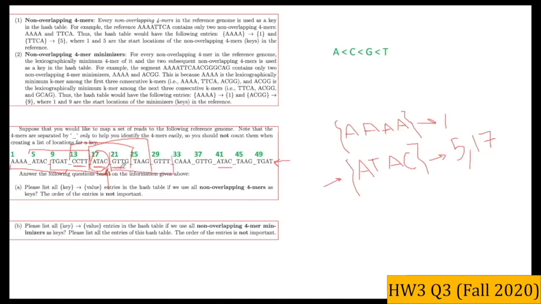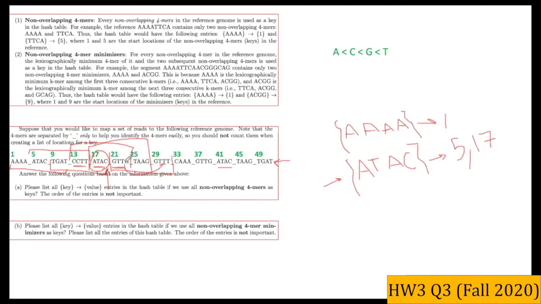Now we have the first k-mer starting with G, the second one starts with T, the third one starts with G. Which one is minimum? The lexicographically minimum would be the one starting with G, but we have two of them. Which one to pick? So we look at the second character. Both of them are T, so we cannot decide. We look at the third character, both of them T, we cannot decide.